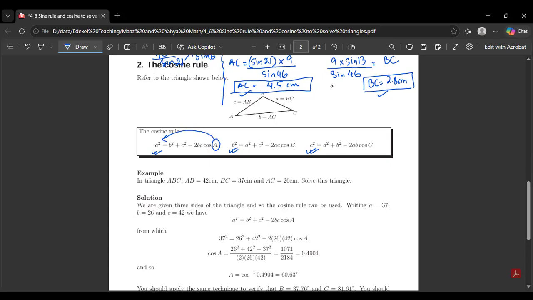Or maybe you are going to work for a squared. If so, you must have angle A, and you must have the other sides of the triangle to find the a value. In different cases you will be using different ways of the cosine rule.